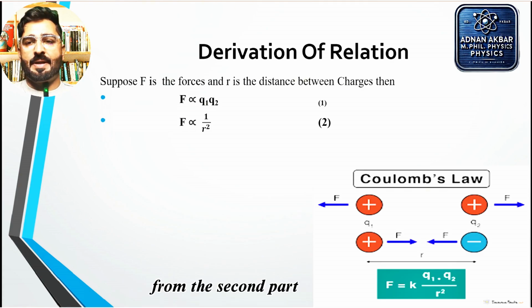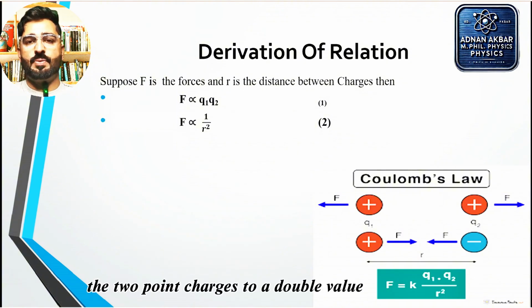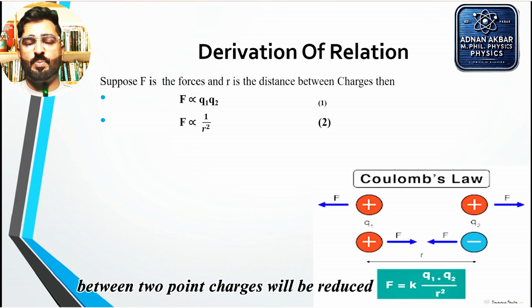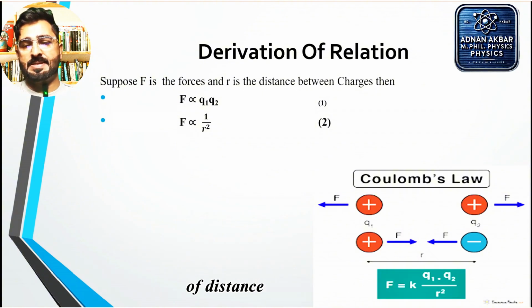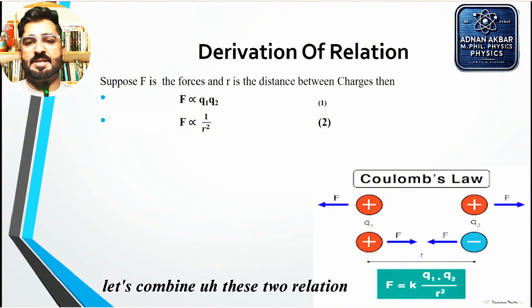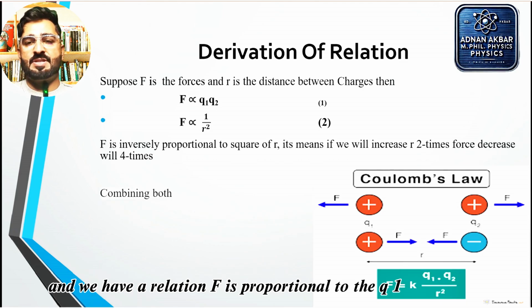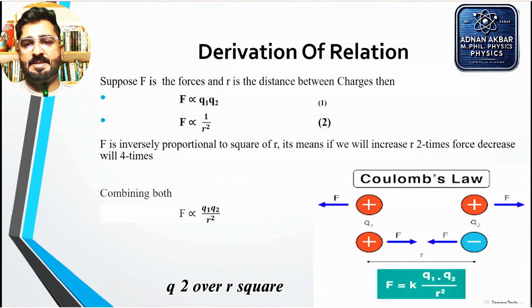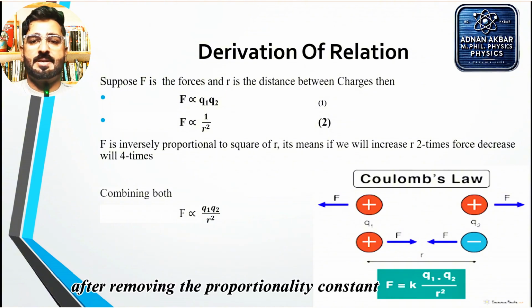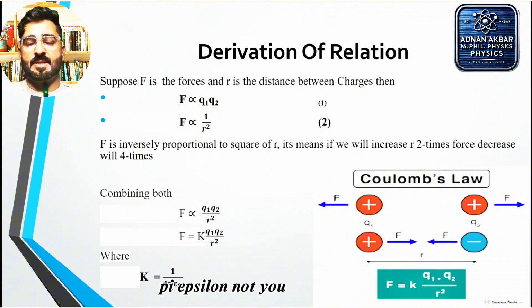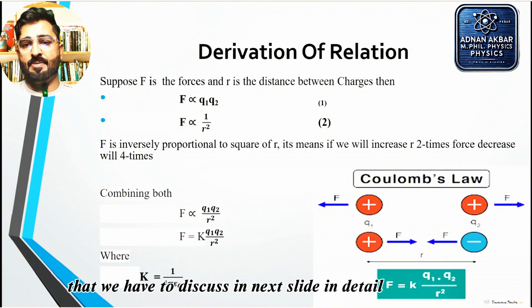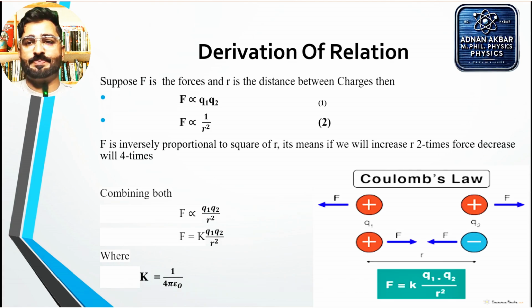From the second part, if we increase the distance between the 2 point charges to double the value, then the force between 2 point charges will be reduced 4 times, because force is inversely proportional to the square of distance. Let's combine these two relations, and we have F proportional to Q1 Q2 over R square. After introducing the proportionality constant, we have F is equal to K Q1 Q2 over R square, and K is equal to 1 by 4 pi epsilon naught, which is a proportionality constant that we will discuss in the next slide in detail.